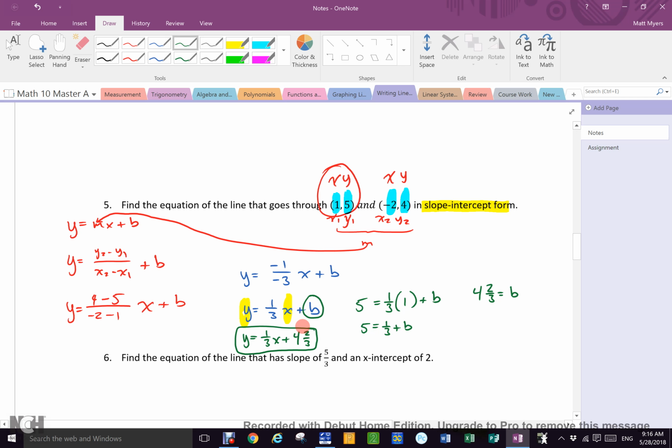Anything to be scared of? The form that I ask you for tells you how to do the question, doesn't it? It tells you what you need to find, and I give you everything you need to find it.